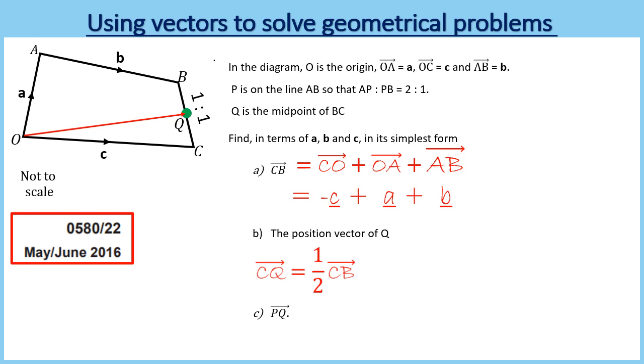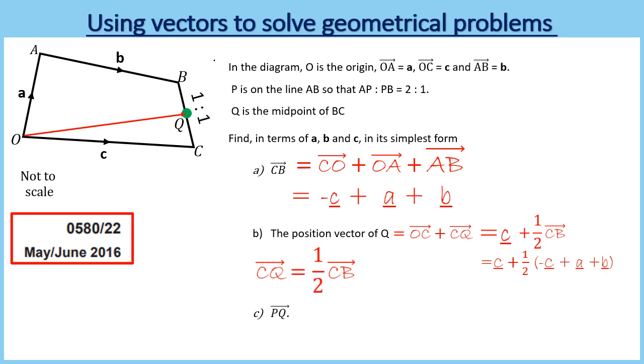As a result, the position vector of point Q equals vector OC plus vector CQ. Vector OC is the same as vector C, and vector CQ equals half of vector CB. When we replace CB with its value, we get.